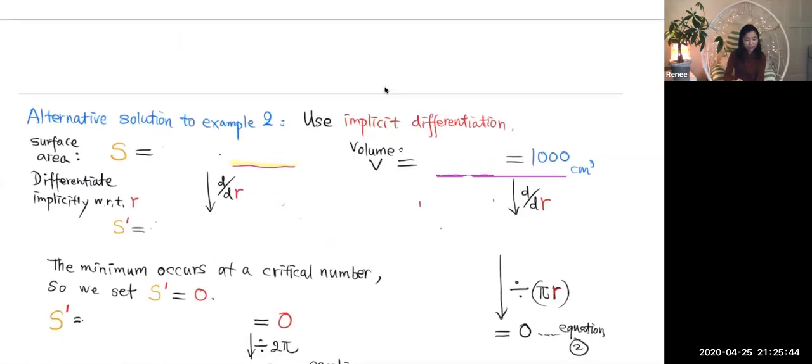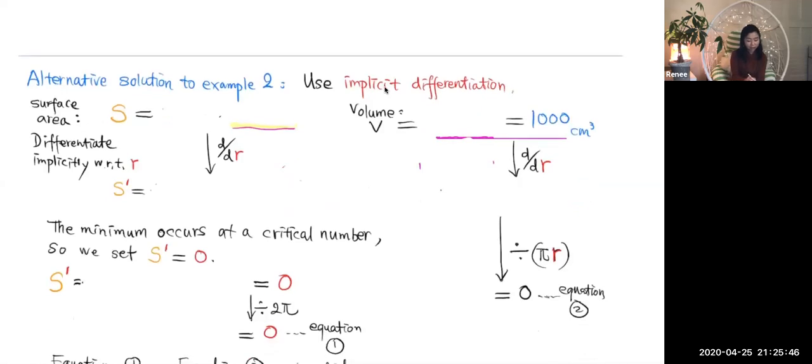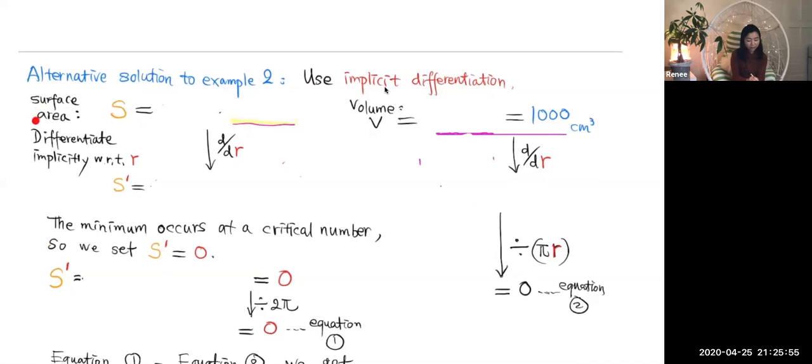Now notice that there is one alternative solution to this example. We can use implicit differentiation to solve this problem, okay? Notice the surface area is equal to, remember that was 2 pi r squared plus 2 pi r h, okay?